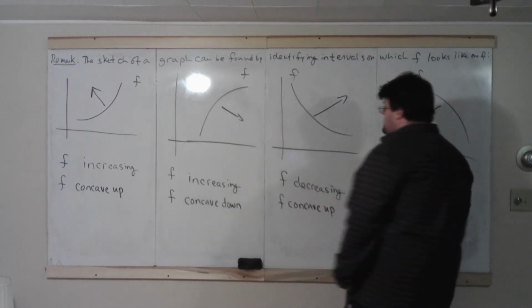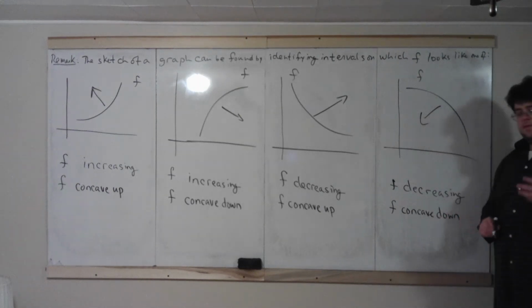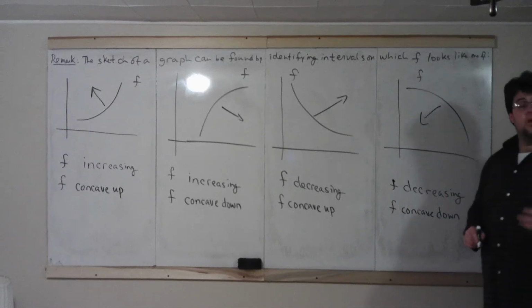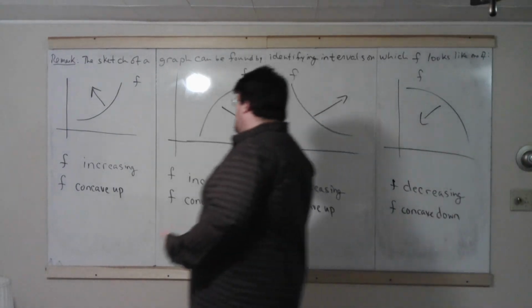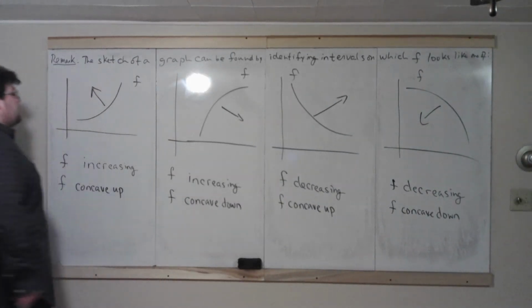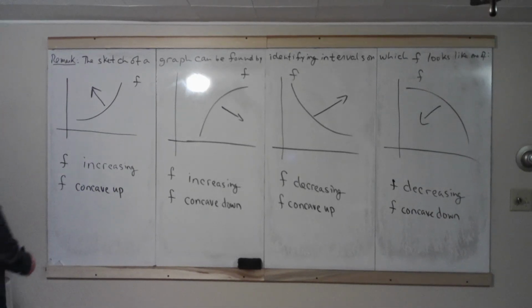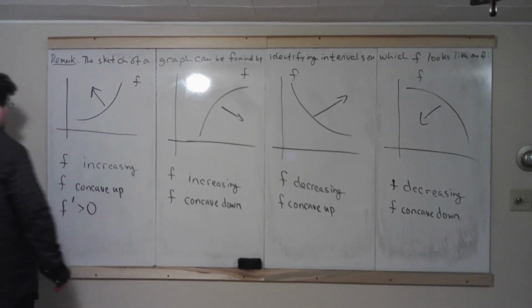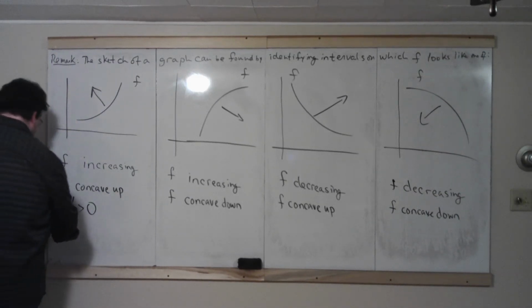So we've differentiated between these four functions by describing whether they're increasing, decreasing, concave up, concave down. But with the previous results, we can do more. We can describe both of these using derivatives.